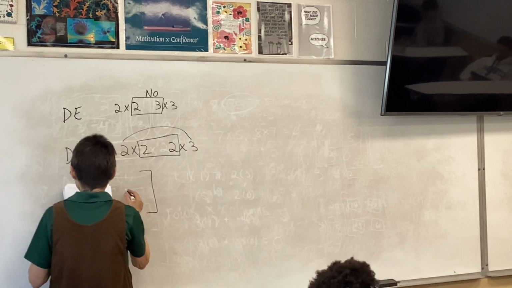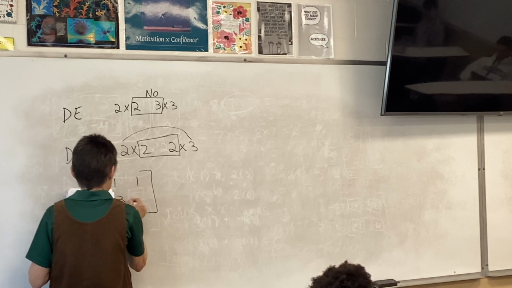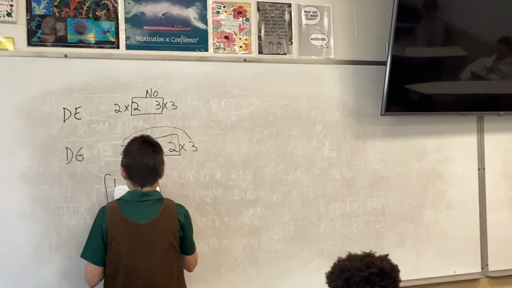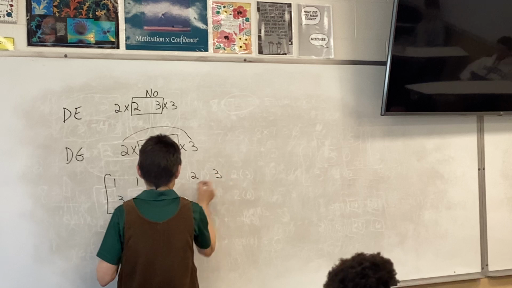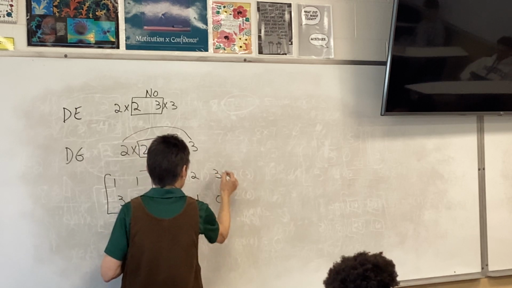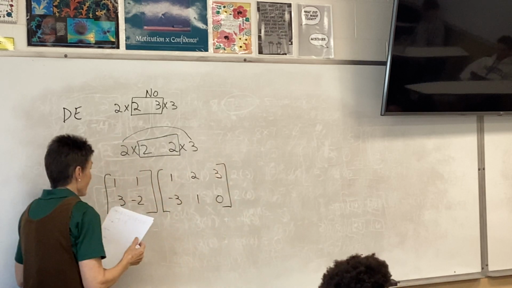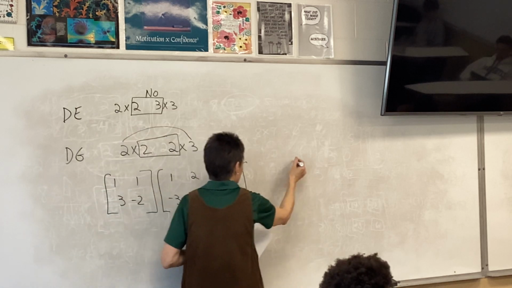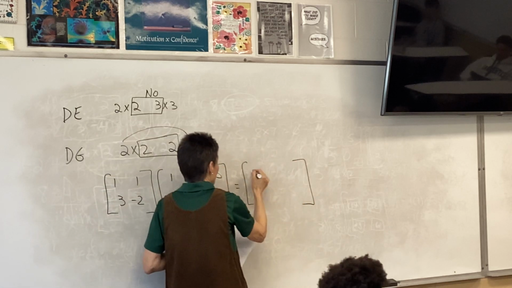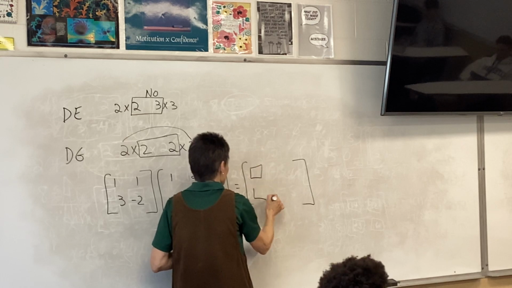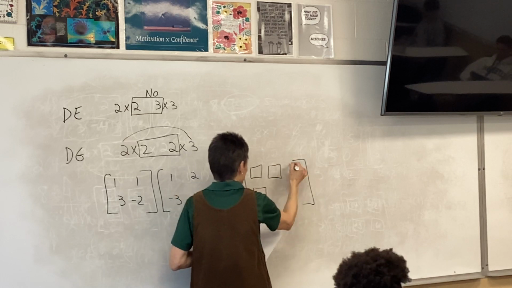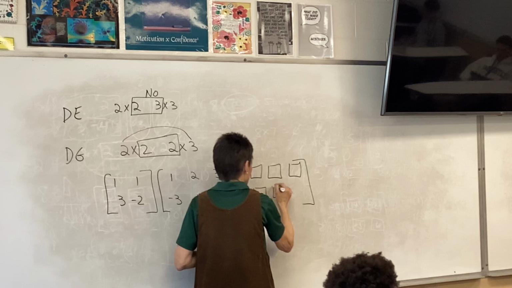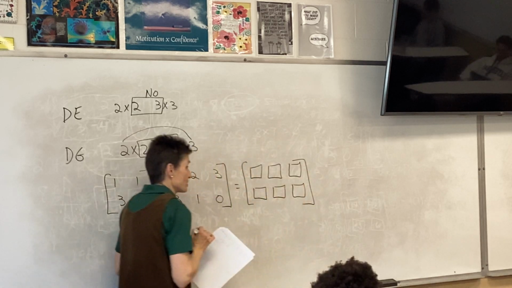I'm going to write down my matrices now. All right, and I know my answer is going to be another 2 by 3. So I'm going to have 2 rows and 3 columns of numbers.